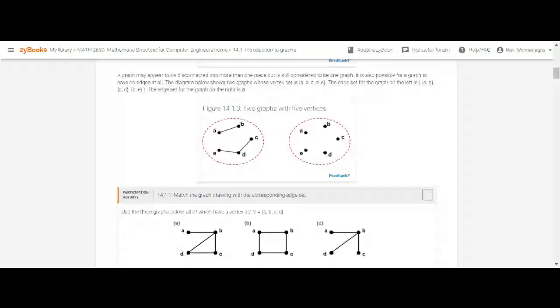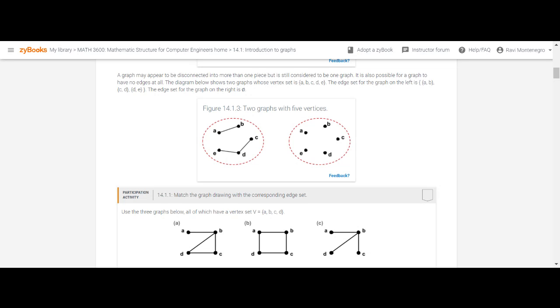Sometimes we count vertices and edges. So in this figure, the graph on the left has 5 vertices. If we wanted to count edges, the graph on the left had 3 edges. And when we want to count the numbers, we'll use the cardinality notation we learned for sets, which means absolute value sign.